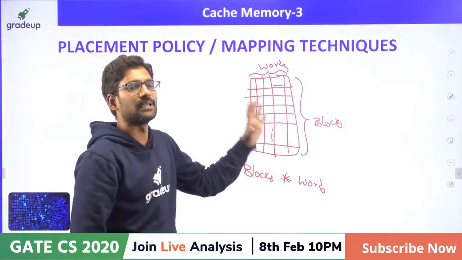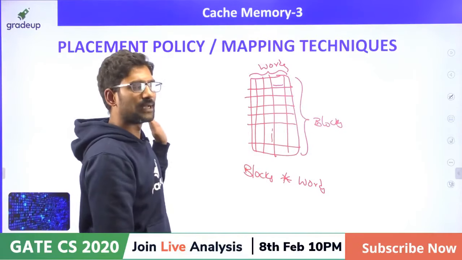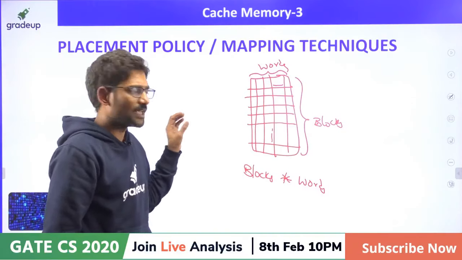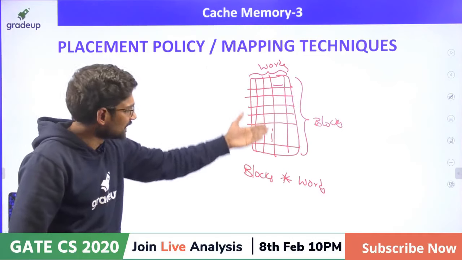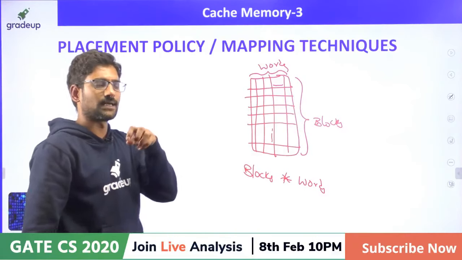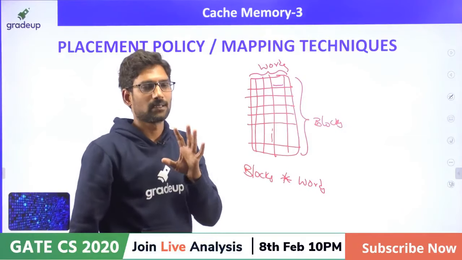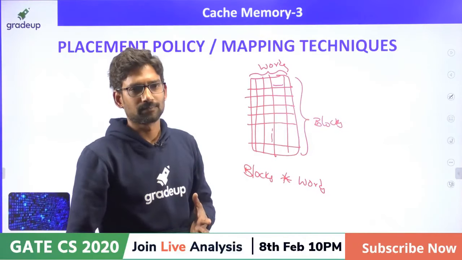Initially the cache is empty. Now some word is requested by the CPU. Listen carefully. Is it there in the cache? No. So for any data that is requested the first time, what occurs? A miss occurs. That is what we call a compulsory miss.